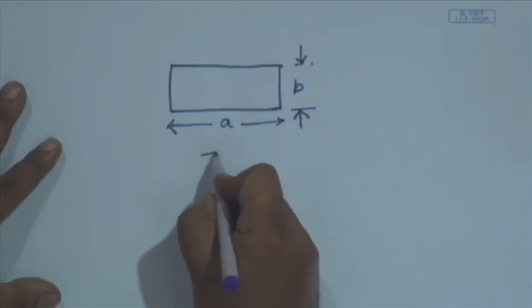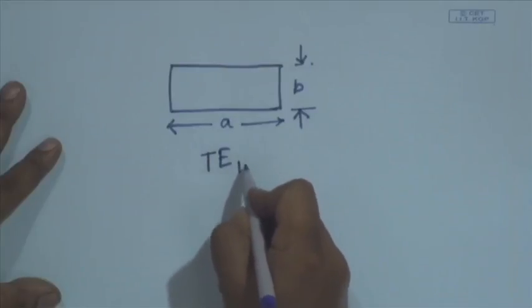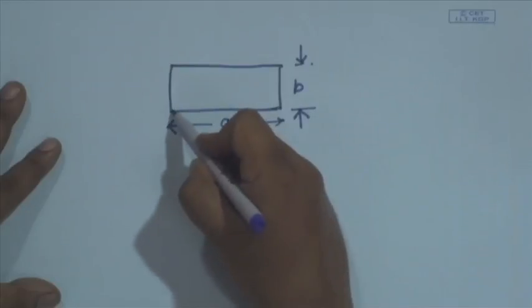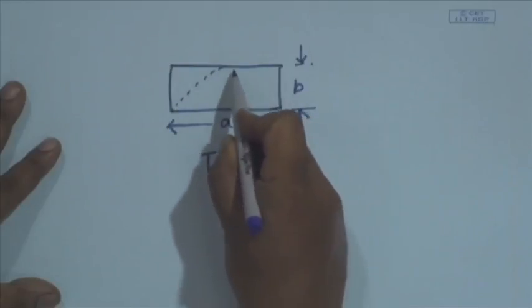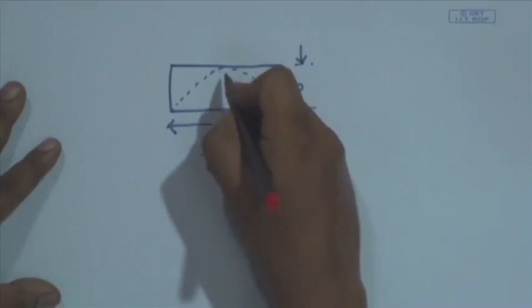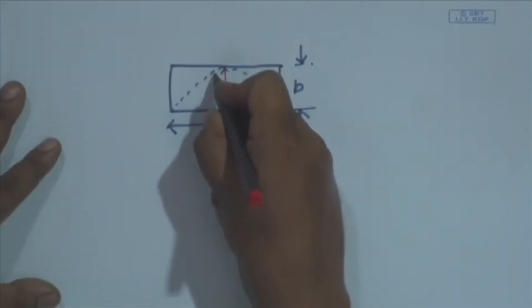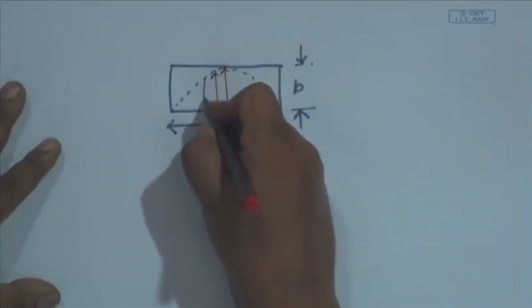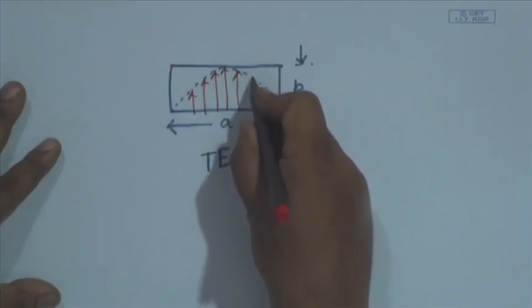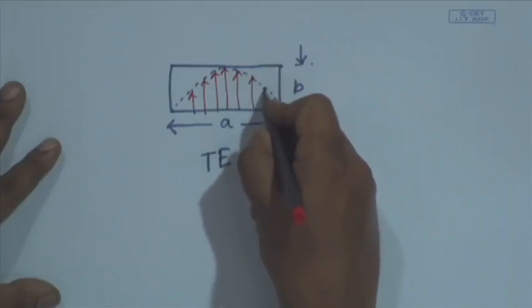If I consider TE10 mode excitation, then if I plot the field strength, it is maximum on the central plane, and the direction of electric field is perpendicular to the direction of propagation as well as to the broadside.